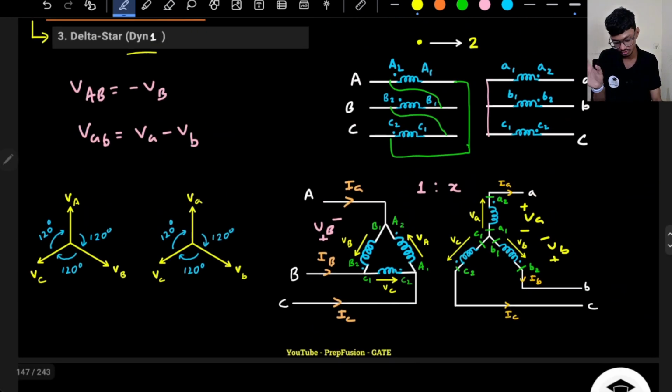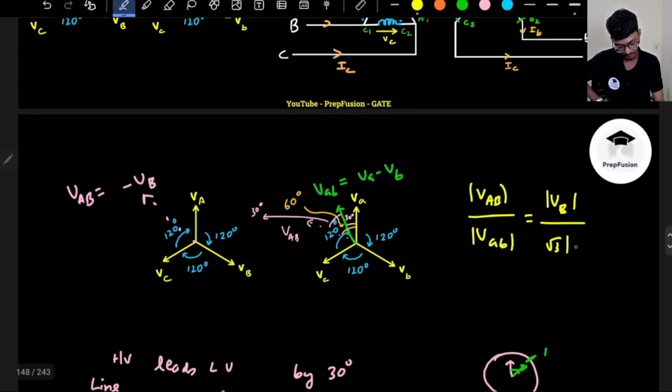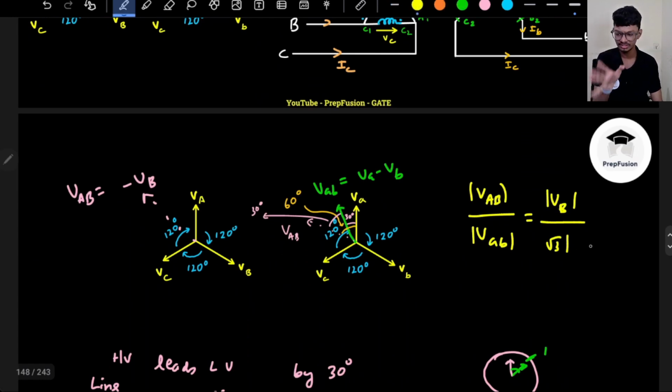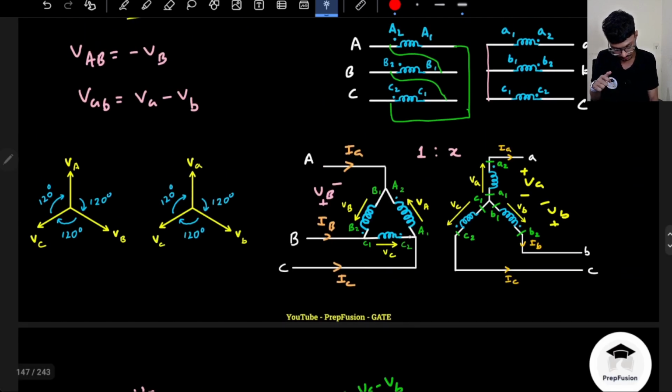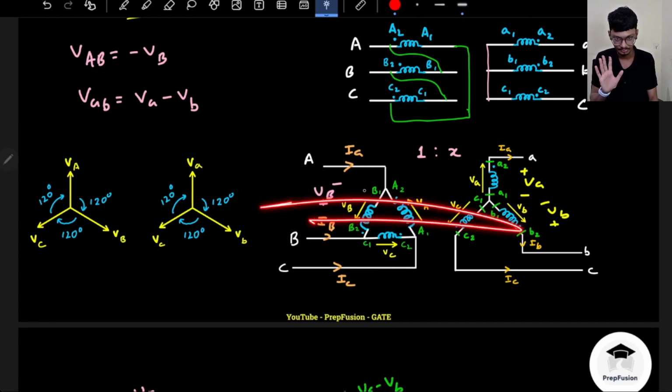You can write magnitude of VA, VB or VC, all are the same since it is a balanced system. So capital VB upon small VB will be 1 by root 3 x. Don't need to remember the formula, just understand how I am deriving it. Capital VB is on the HV side and small VB is on the LV side, so capital VB upon small VB is 1 by x, the simple turns ratio.